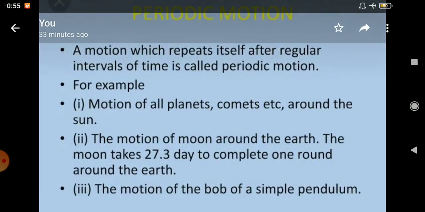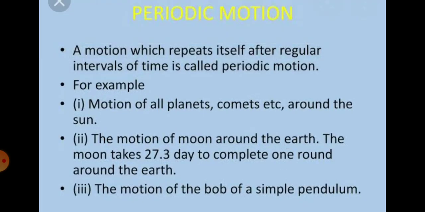Then periodic motion. Periodic motion means what? The motion which repeats itself after a regular interval of time is called periodic motion. For example, the motion of all planets and comets around the sun, the motion of the moon around the earth, which takes 27.3 days to complete, and the motion of the bob of a simple pendulum.